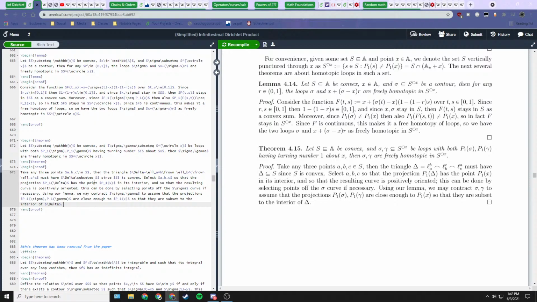Actually, no, this is fine. This triangle delta implies the existence of a plane. It's a simplex, actually. So if we can just project these onto that simplex, I think that's fine. Okay, so they're subsets to the interior of delta.